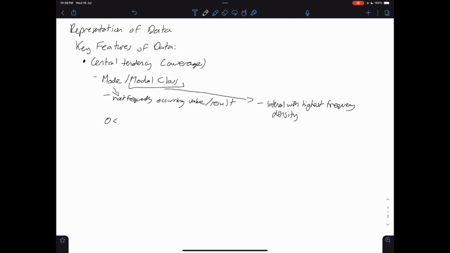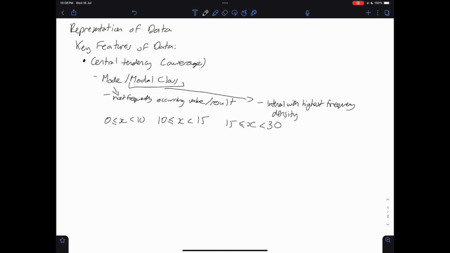So for example, if you had data along the lines of this, then you would divide your frequency by the class width.